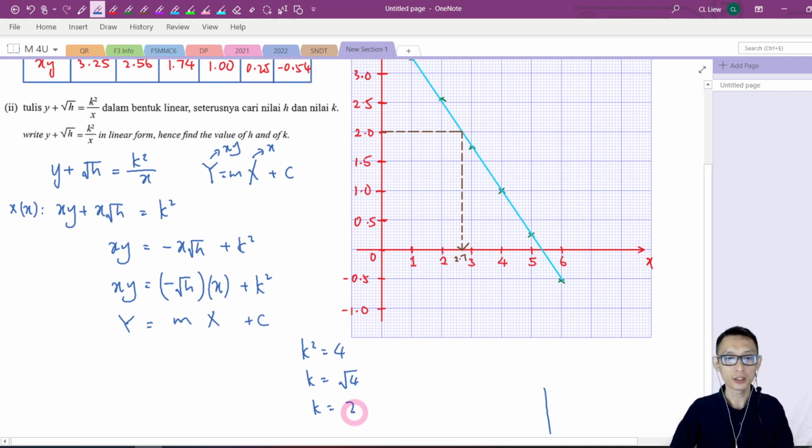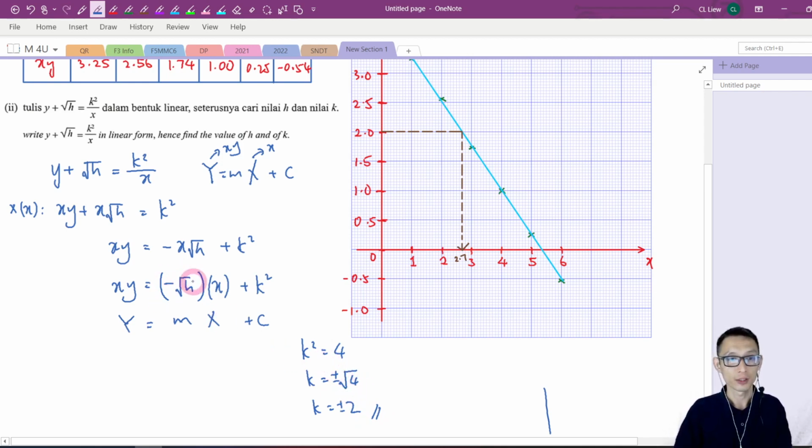But in my opinion, I think it can be negative as well, right? k squared equals 4. So if you calculate the value of k, we should be able to get two answers, which are positive 2 or negative 2. But the given answer is only positive 2. Okay, but anyway, this is how we get the value of k.